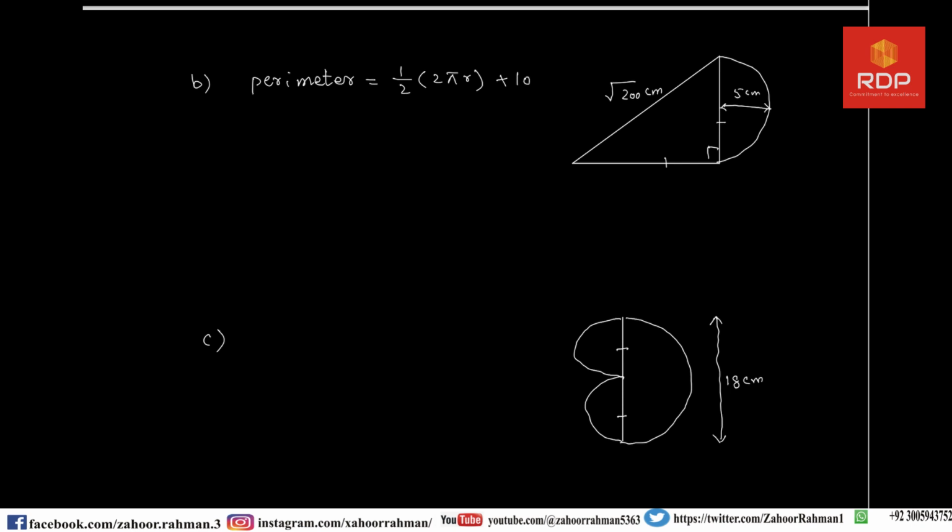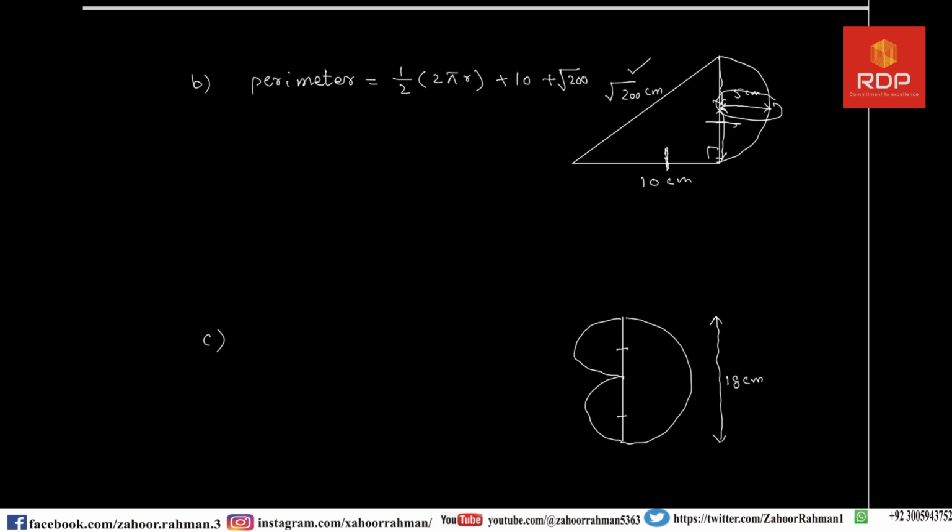How? Because this is given as 5, so half of this is 5 and half on this side is 5, so it will be 10. And because they have given us that this line and this line are equal, this will also be 10 centimeter. Now the next part is under root 200, which is this one. So in this way we will be able to find the perimeter.